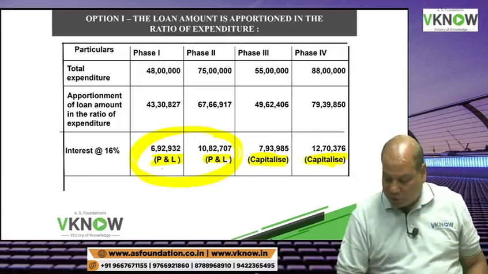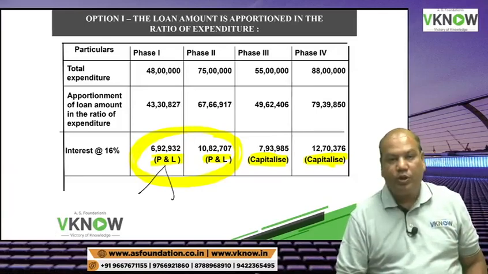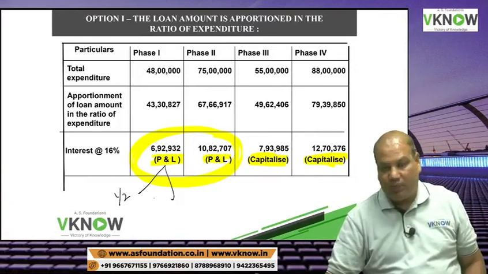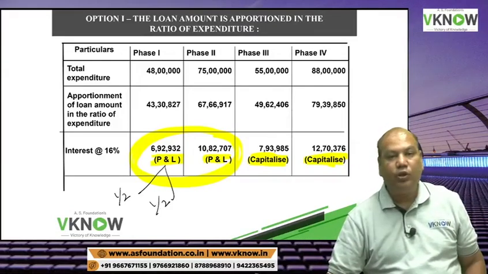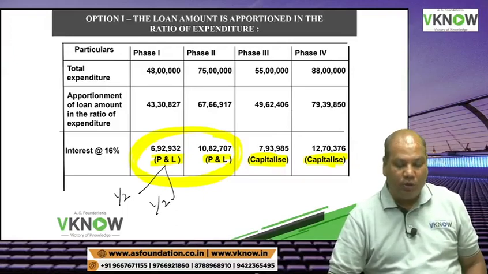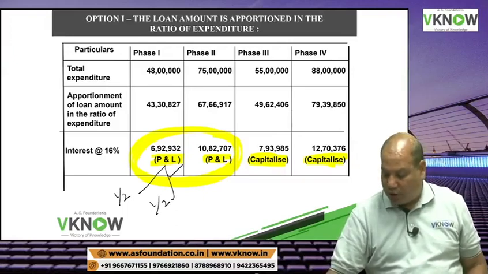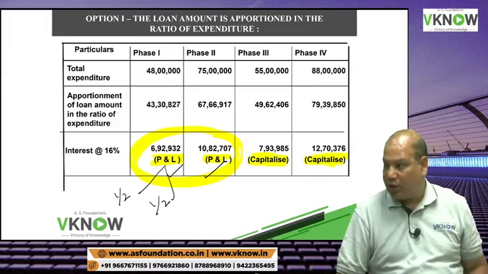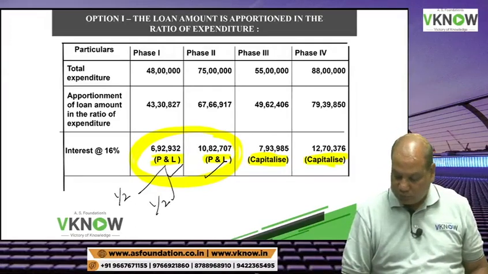Suppose we change the question, and it becomes operational after 6 months. Then half of it will be capitalized and half will go to P&L account. But to keep the question simple, the institute has said that it will become operational at the beginning of the year.